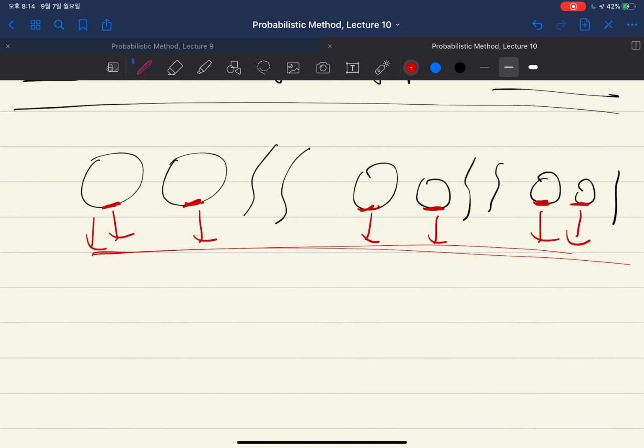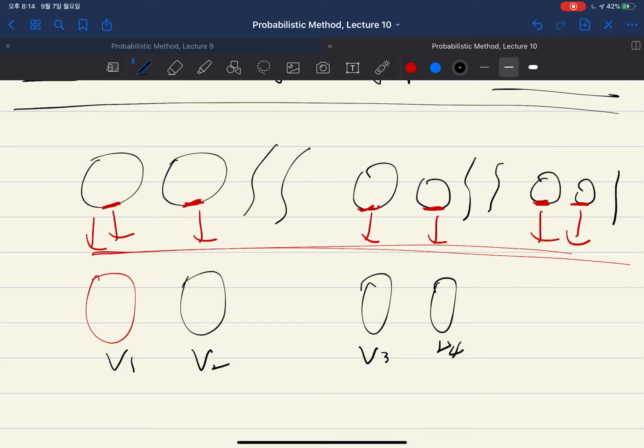We have a collection of edges, a set of edges, and another set of edges, each a collection of edges in a cycle. And we want to choose one edge here, one edge here, one edge here, one edge here, so that these edges form a matching.